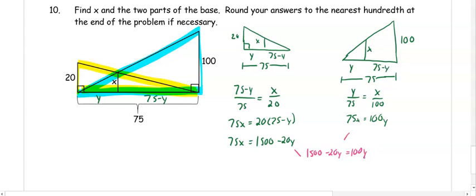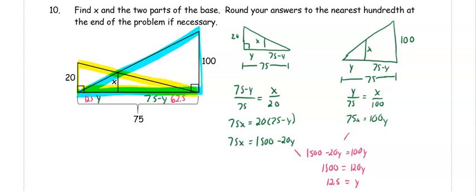We can add 20y to both sides. So we get 1,500 equals 120y. When we divide, we get that y is 12.5. So part of our base is 12.5. 75 minus 12.5 will get us 62.5.